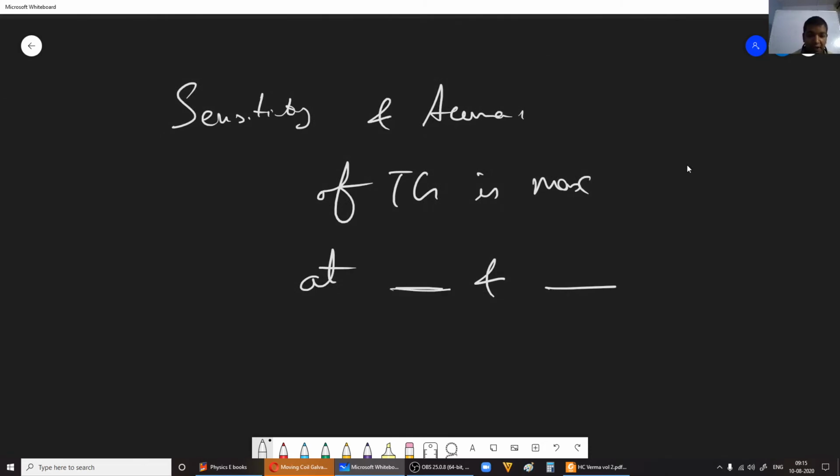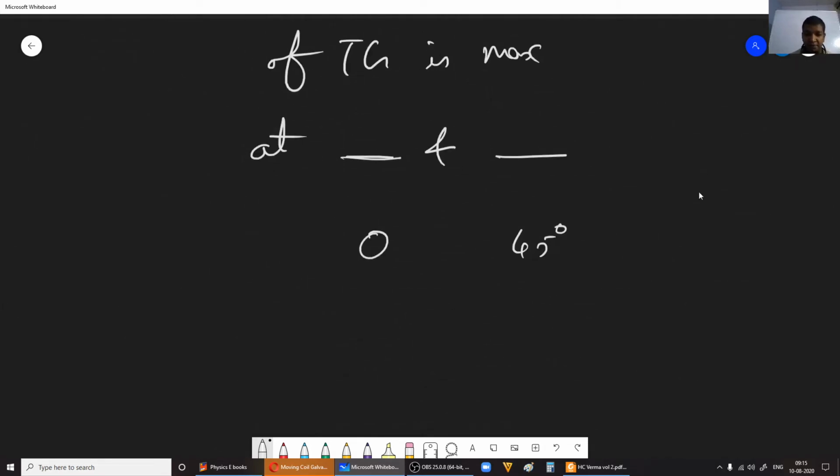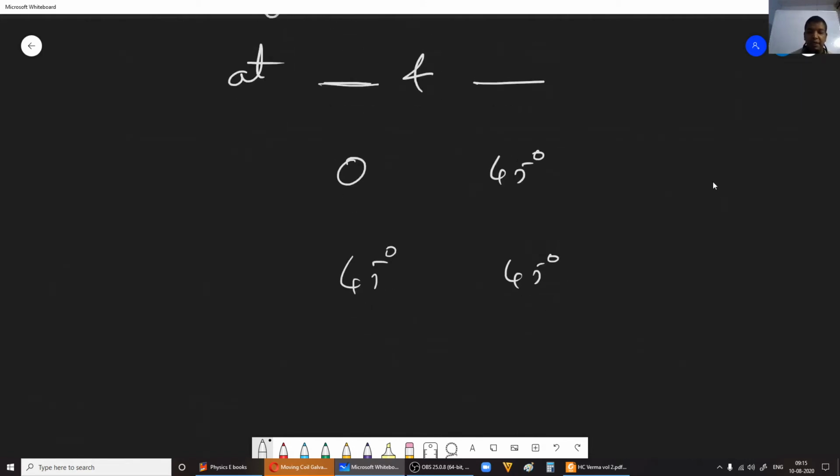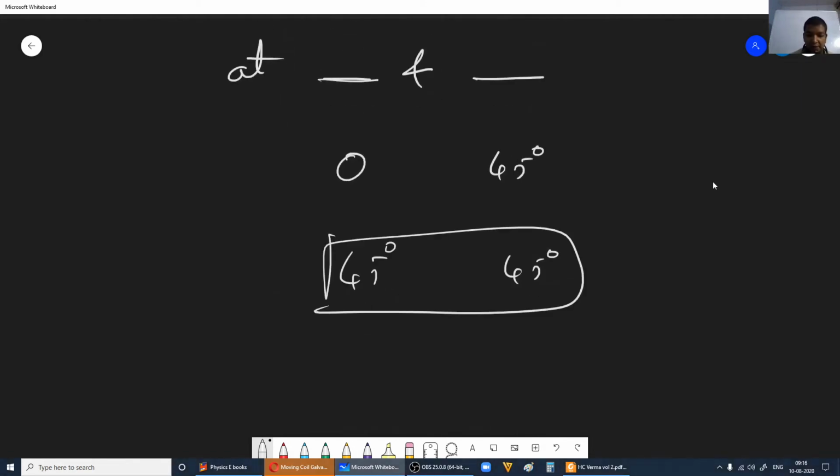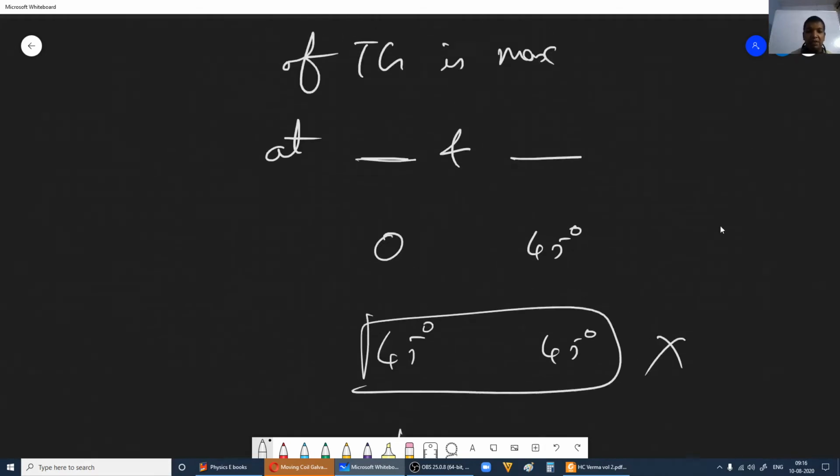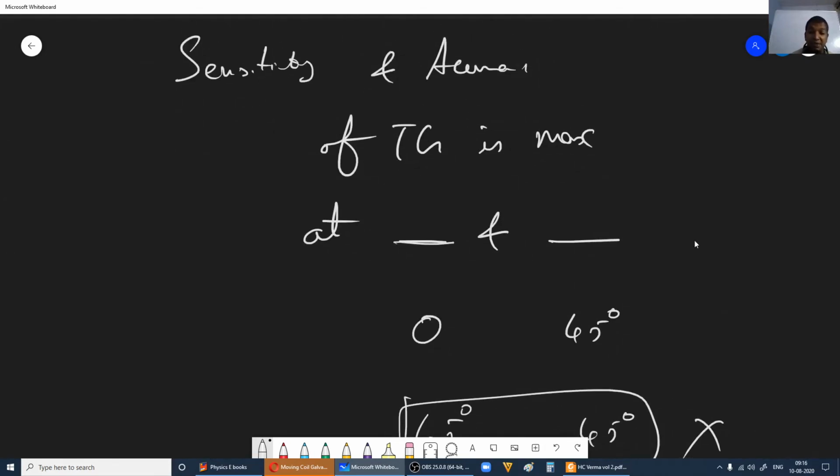The options given were like this: 0, 45. They never gave 45 and 45, and this was not given, and some three other options. Now, when you define sensitivity in the basic way, that is deflection per unit current, then 0 is right.